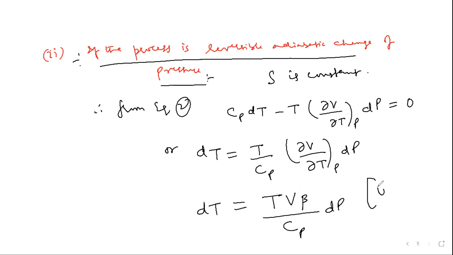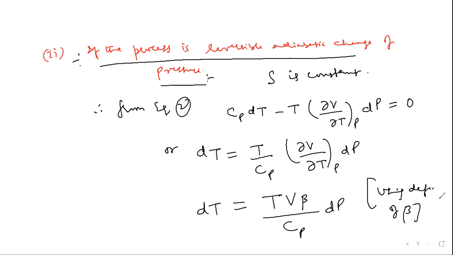What we have done is use the definition of beta, which we have already discussed. You can check it. Now, in the case of a solid or liquid, an increase of pressure produces only a small temperature change, right?